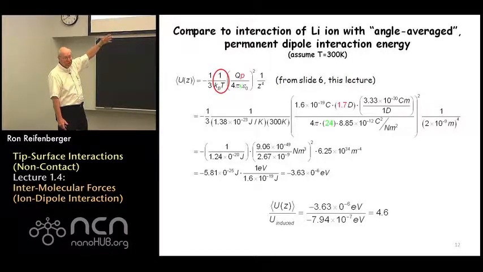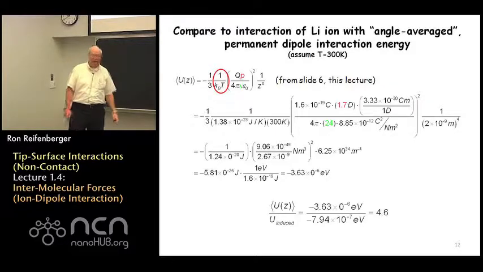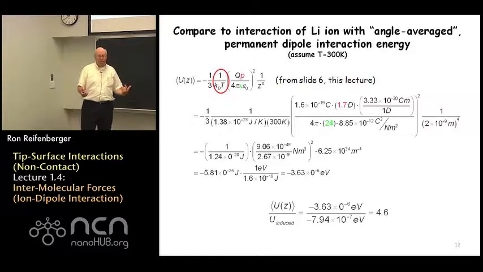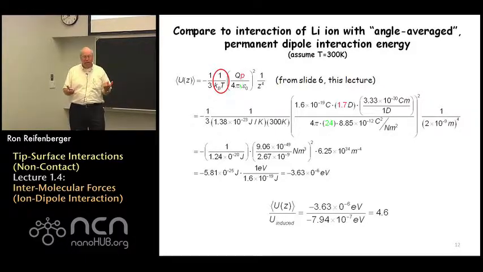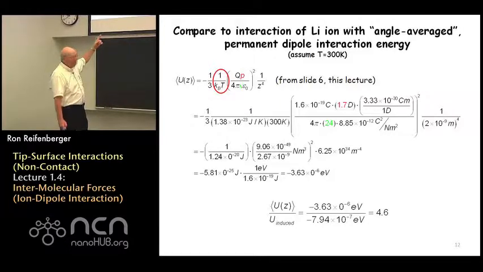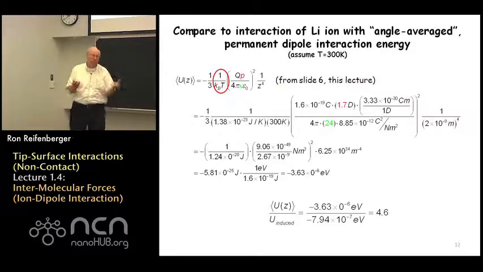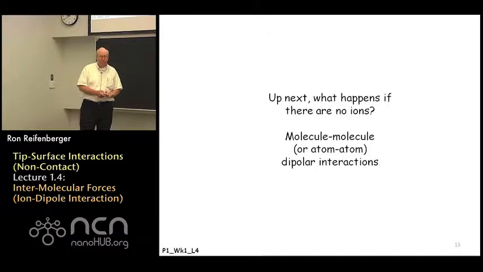So the particular z values will cancel out here. For all separations z, the thermally averaged permanent dipole moment wins out over the induced dipole moment, by about a factor of 5.